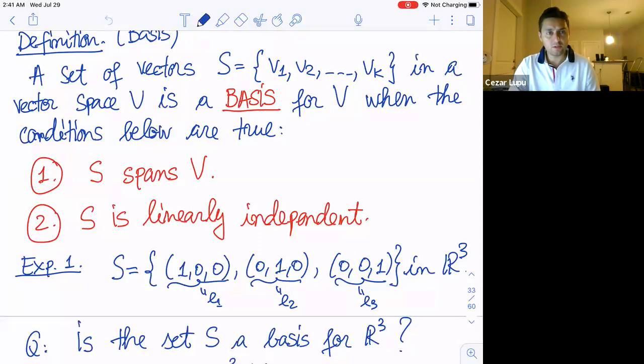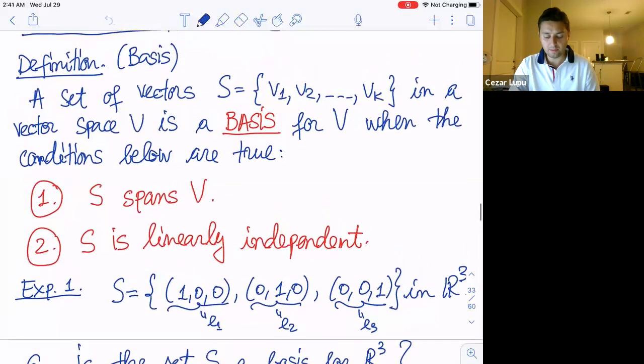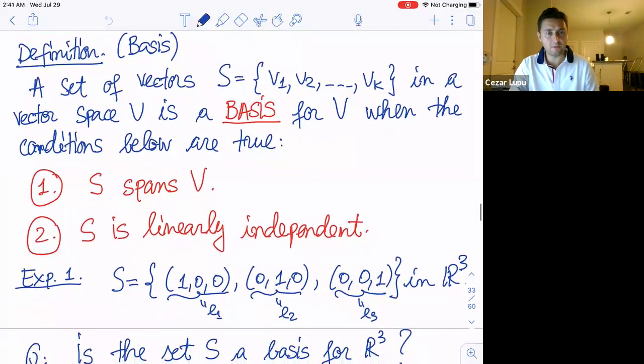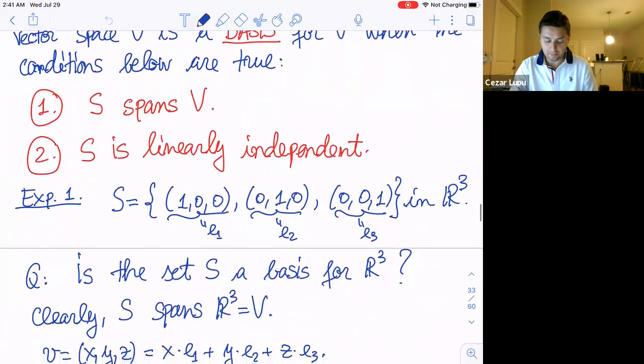So the two conditions we need to verify, if we look at the definition of a basis, are these: the first one is S spans V, and the second one is S is linearly independent.